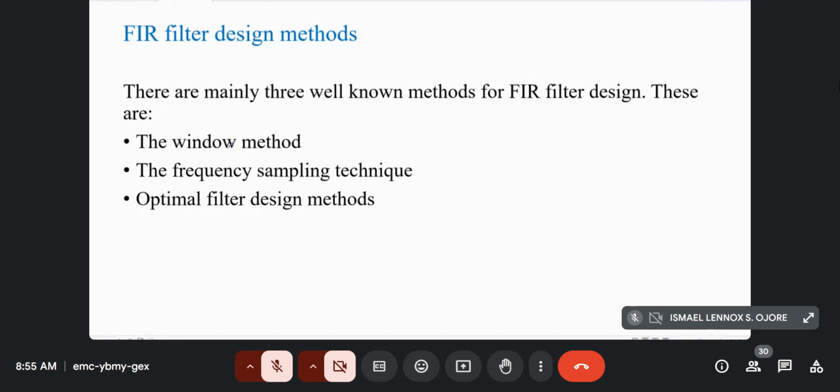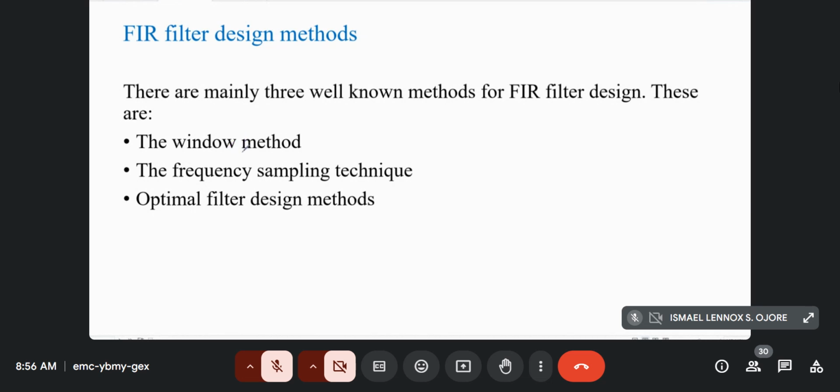Generally when we talk about the window method, what we are saying is the ideal filter. The filter that will give you the boxcar, h of n, is supposed to be of infinite length. That is the ideal filter.